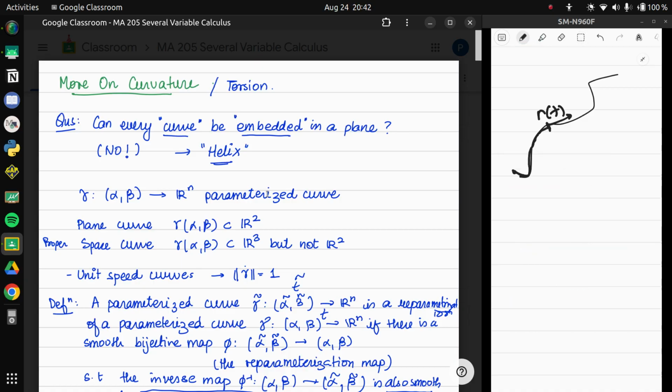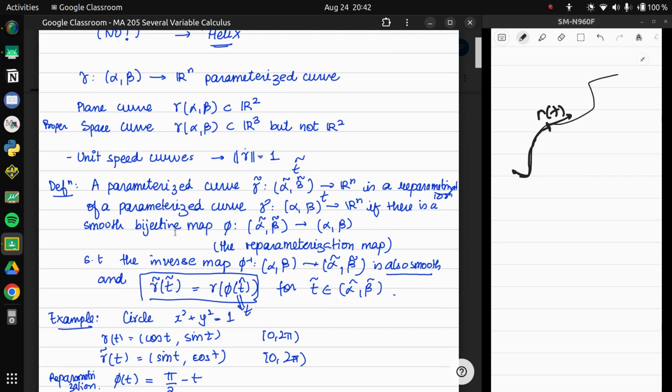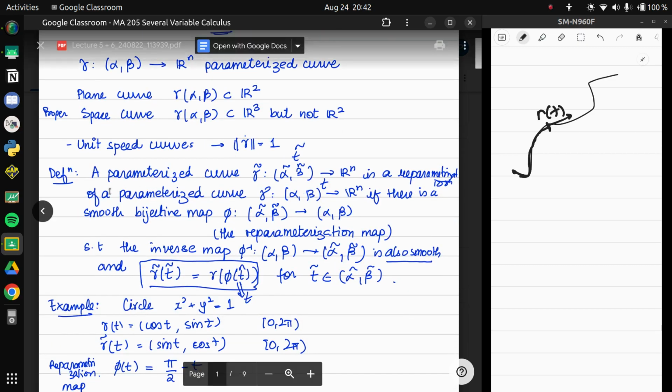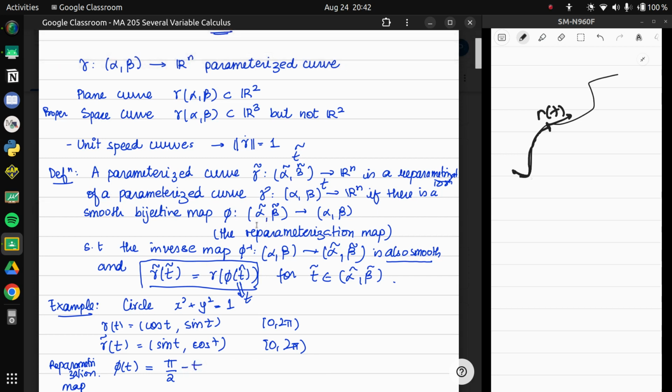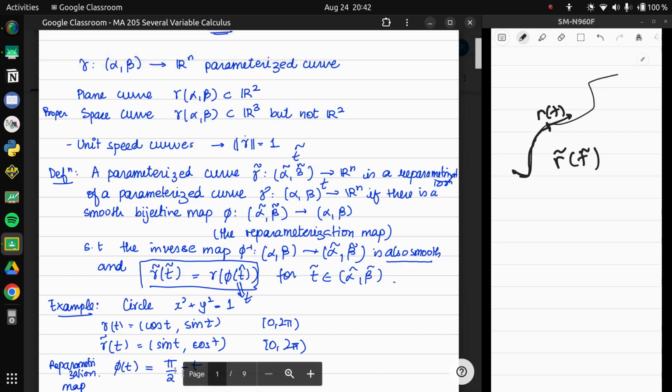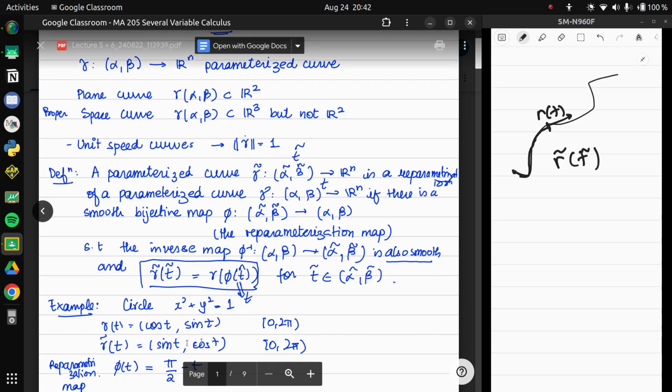Pretty simple, really. Now they are going to something else: unit speed curves, the cases where your velocity vector has magnitude 1. They just define this. Then they go to a new definition called reparameterization. This curve you could represent as r of t, or in some different way, like r tilde of t tilde. For example, a circle can be represented as cosine t, sine t, but it can also be represented as sine t, cosine t.